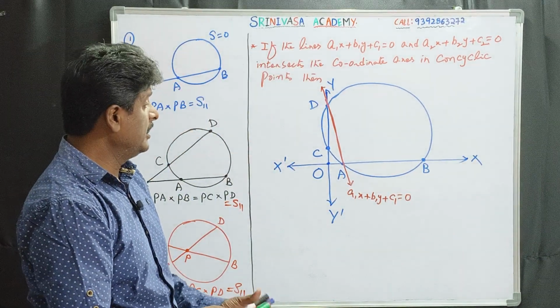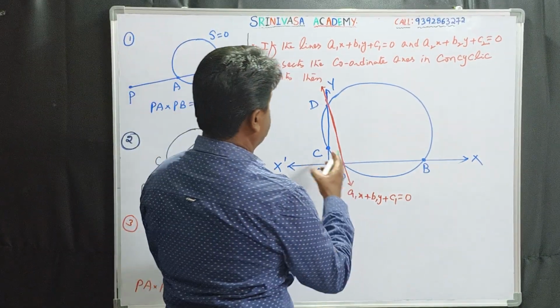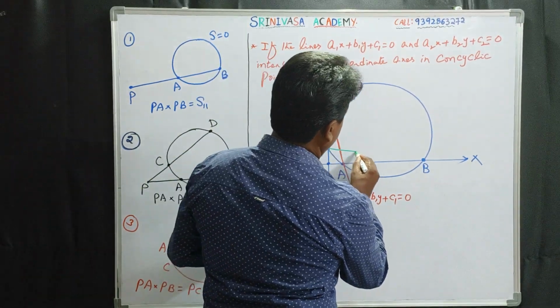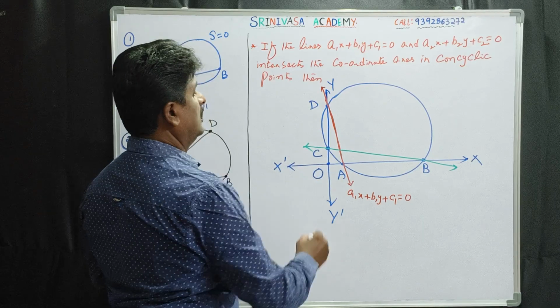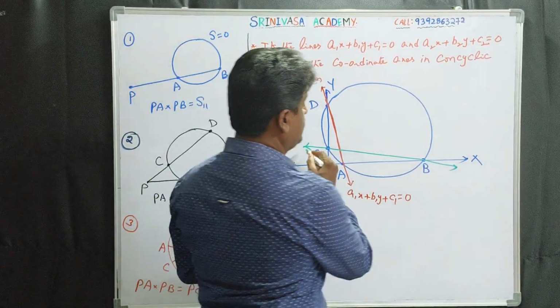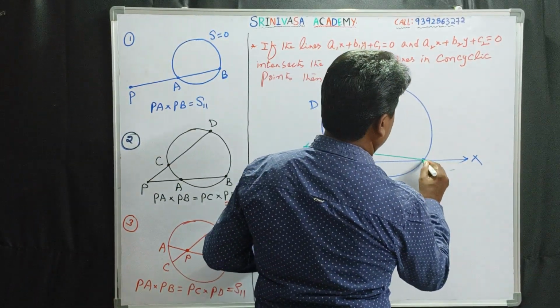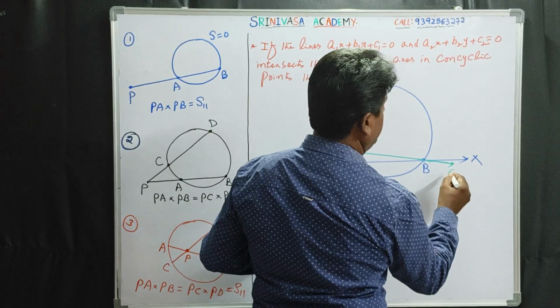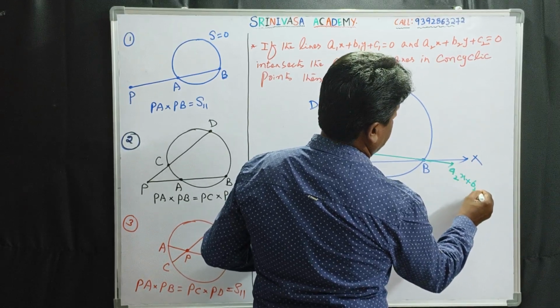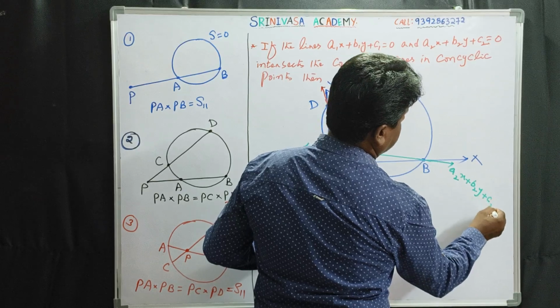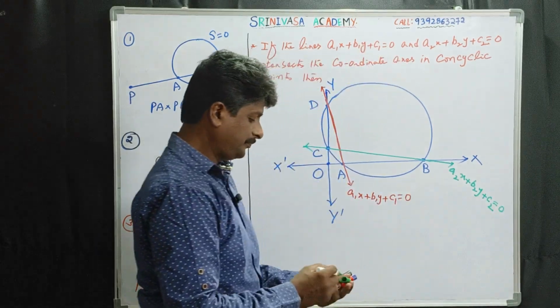Another straight line passes through C and B. Let it be A2x plus B2y plus C2 is equal to 0.